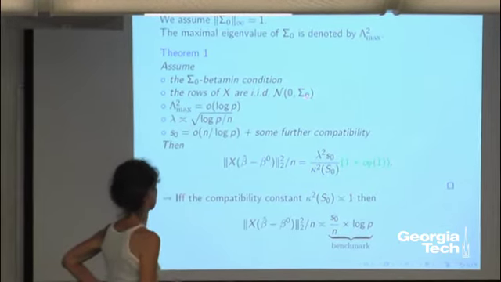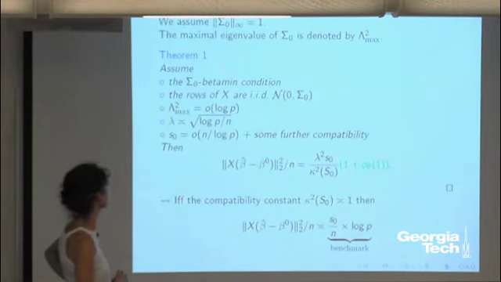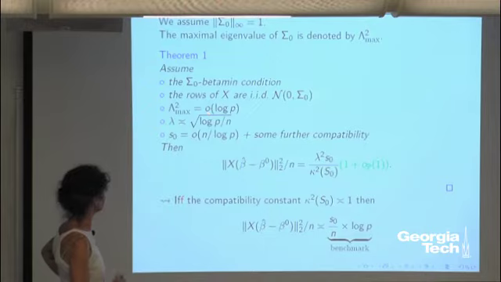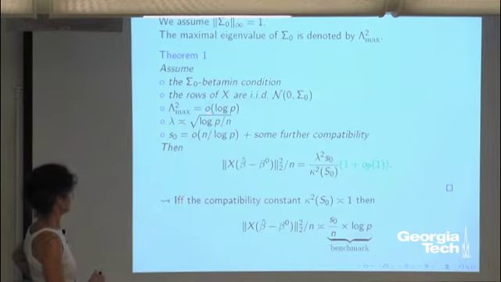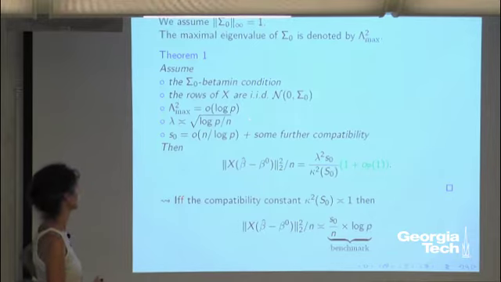This maximal eigenvalue condition occurs very much in the literature. So now comes the result. This is a tight bound. Assume this beta-min condition, Gaussian design with a covariance matrix with the largest eigenvalue of small order log p. Typically people assume it's bounded, but it's allowed to grow a little bit.